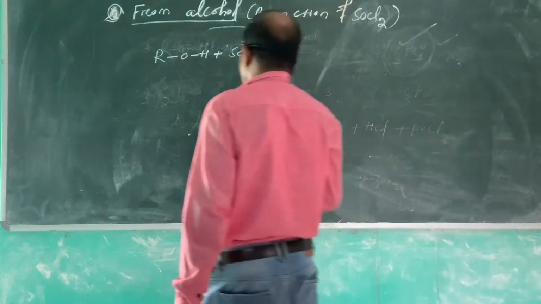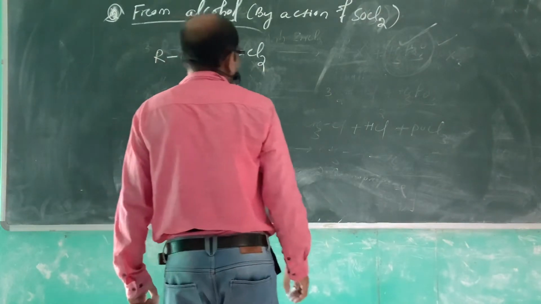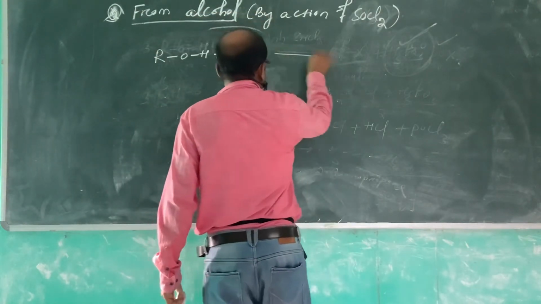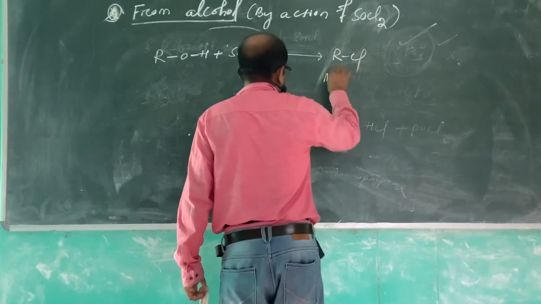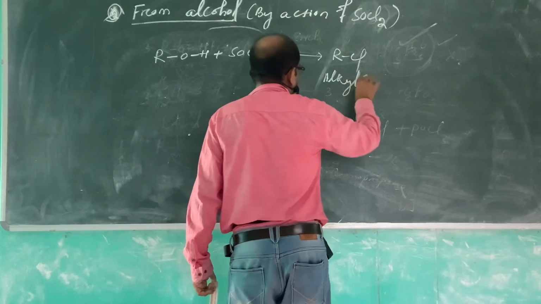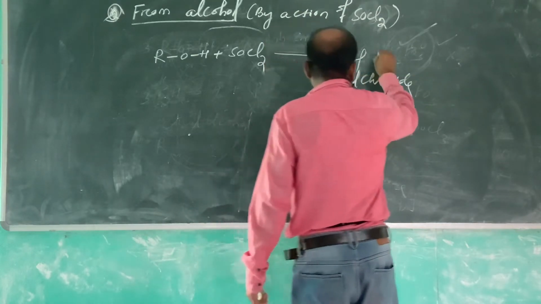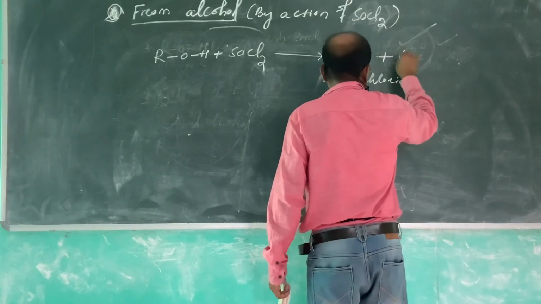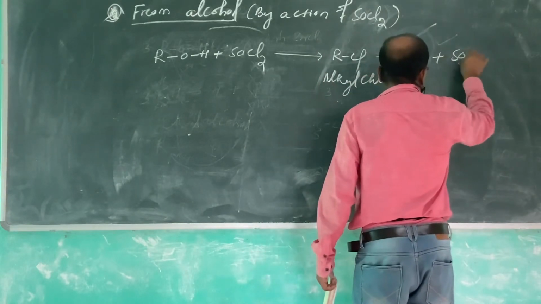ROH, the formula for alcohol, plus SOCl2 gives rise to RCl, that is called alkyl chloride, plus HCl, hydrochloric acid, plus SO2 gas.